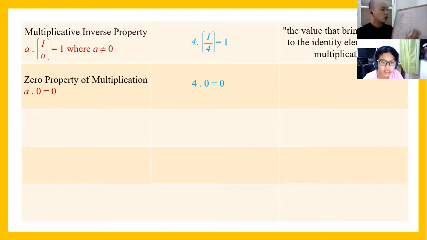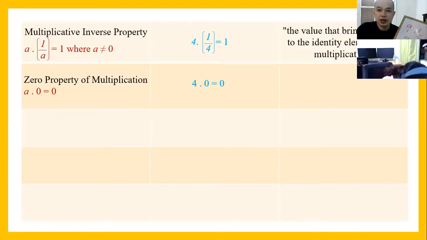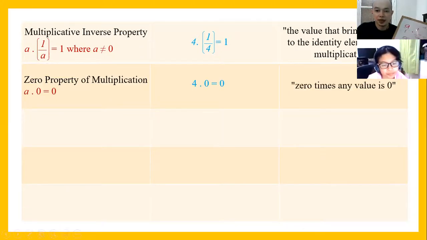What is this one? 11 times 0, what is the value? 0. It's 0. All right, so 0 times any value is 0. That's what it means here. Okay, let's go to the next one.